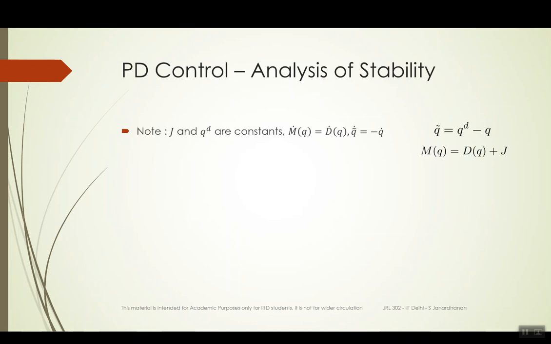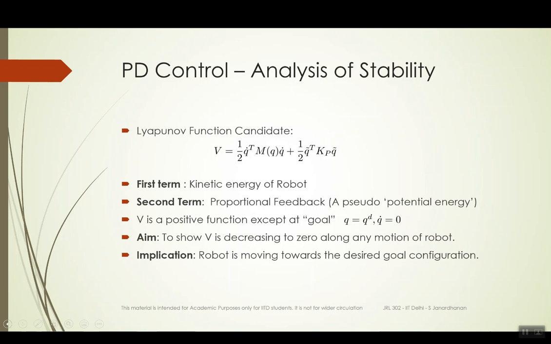For the potential energy part you had Q tilde, so you may have to compute Q tilde dot, and in the kinetic energy term you have M of q, so when you take the derivative with respect to time of V, you may need M dot of q.